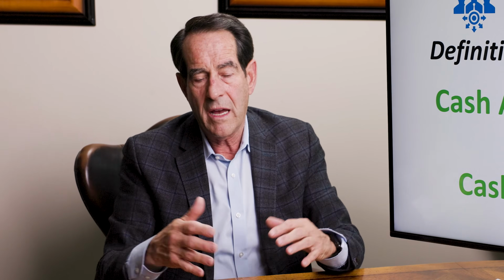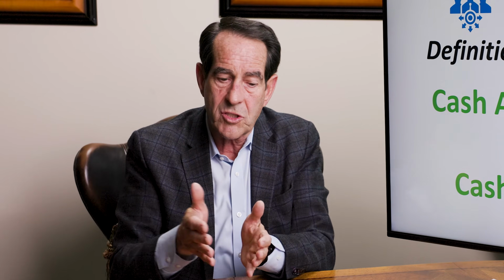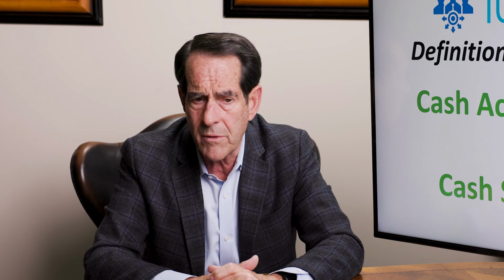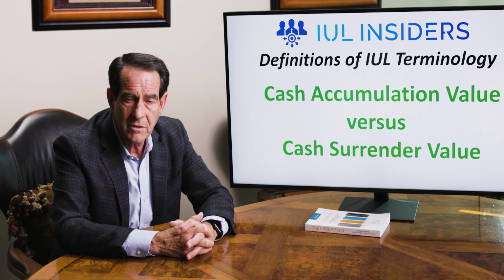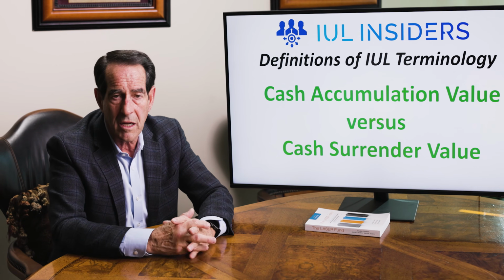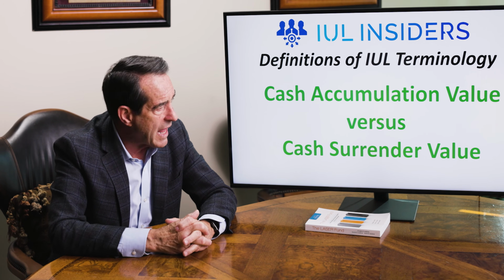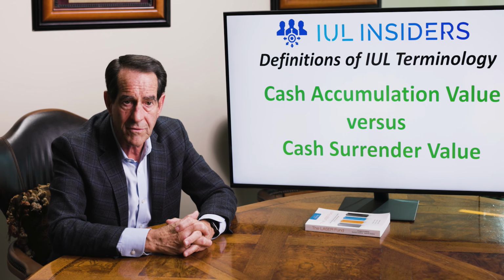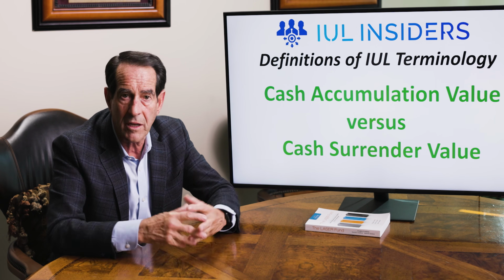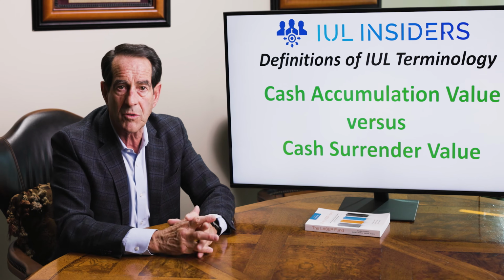Before they've even had a chance to credit the interest linked on an index, you put in $100,000, and the accumulation value, because of the costs associated with it, might only be, let's say, $90,000. Now, you can actually put riders on that, which I talk about in this series, where you could have the accumulation value be 100%, or there is no surrender charge.